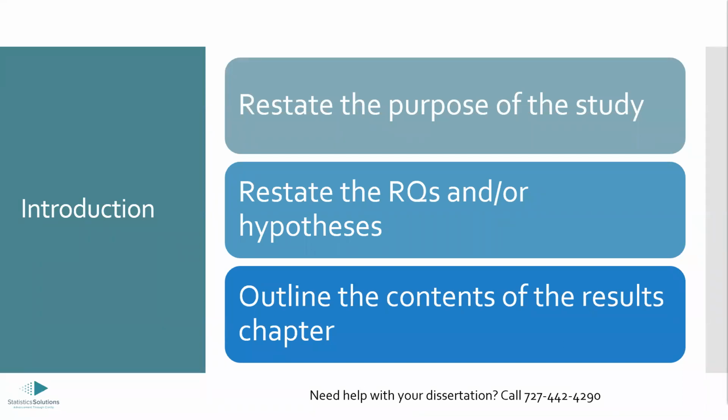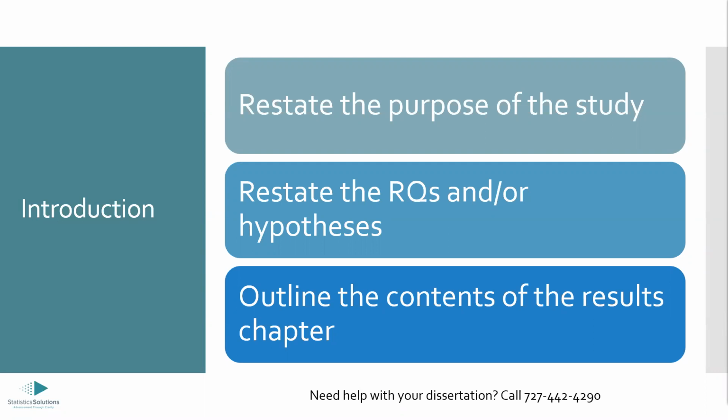The purpose statement can just be a brief version of the purpose statement, or it can be a verbatim restatement of the purpose statement from your previous chapters. And when you restate your research questions and hypotheses, those should be stated verbatim as they appear in previous chapters.